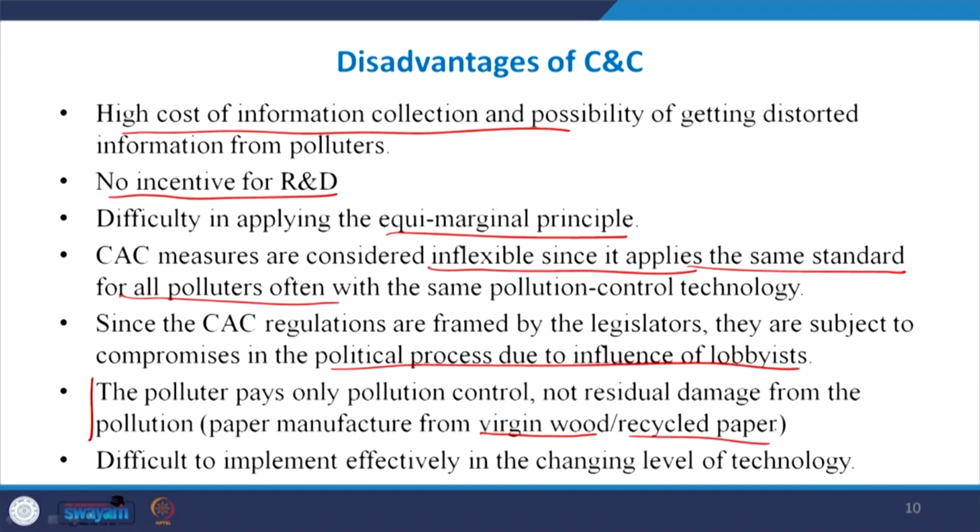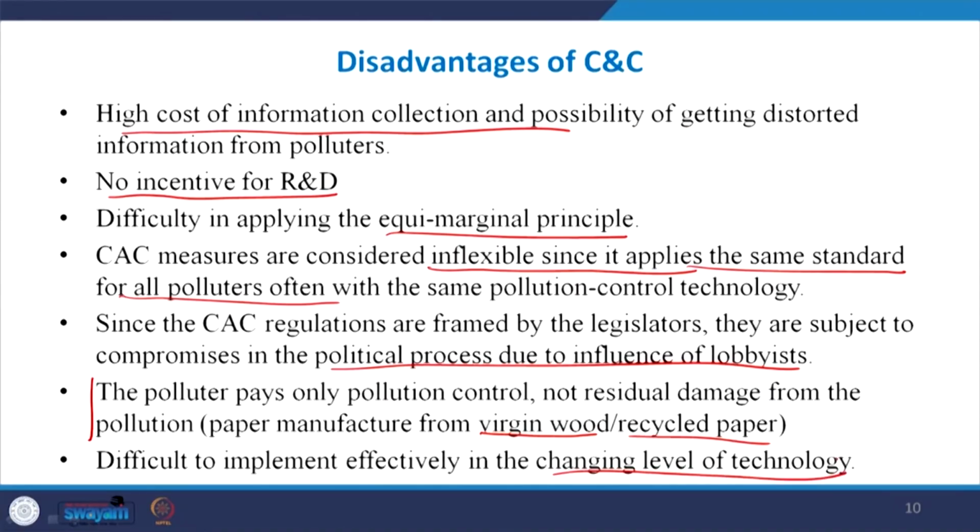So, now if a particular firm is using wood coming from the forest to prepare pulp and then paper, and another firm is using recycled paper, both are meeting the same standards, but there is a lot of difference. In that case, the recycled paper firm is actually saving the environment as compared to the firm which is using forest wood to prepare pulp and then paper.